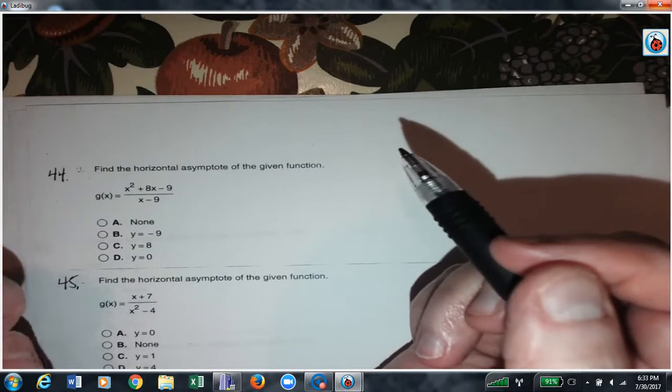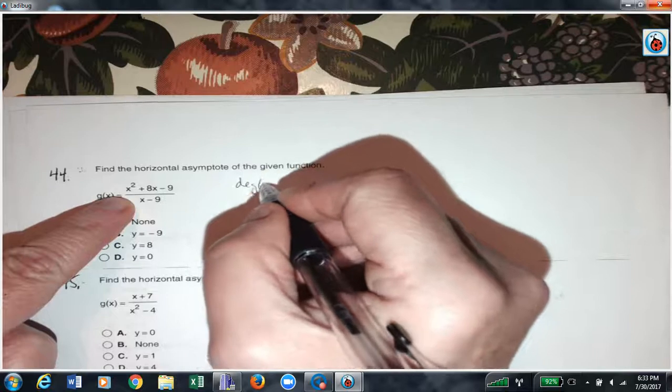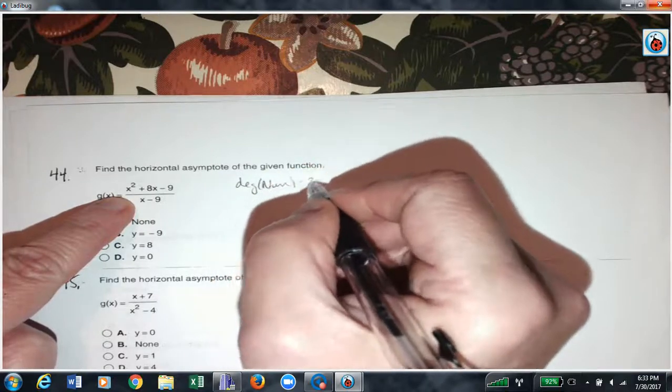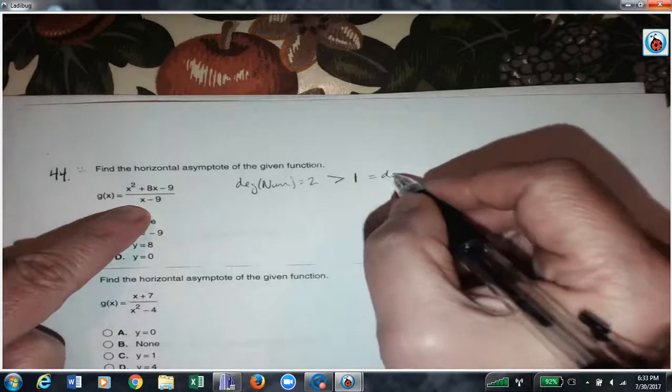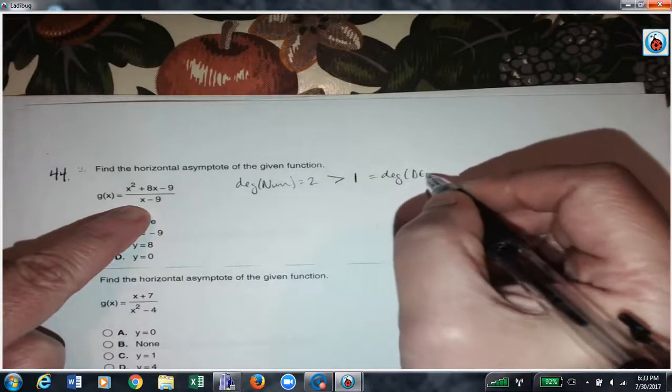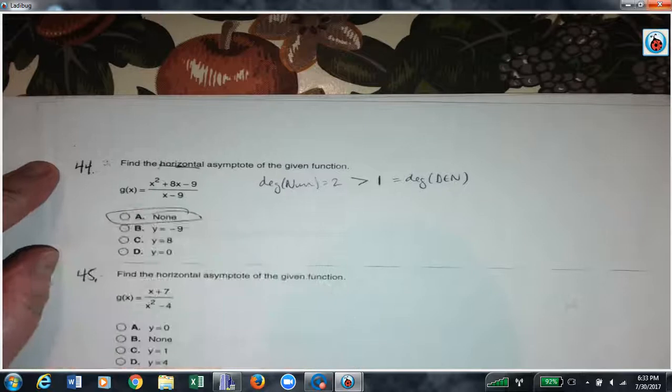If the degree of the top and the bottom are the same, we have that case that we've already done. Now, if the degree of the top is bigger, so the degree of the numerator here is 2, and it's bigger than 1, which is the degree of the denominator, we do not have any horizontal asymptote.